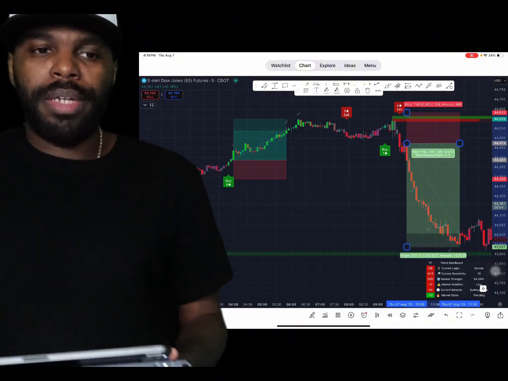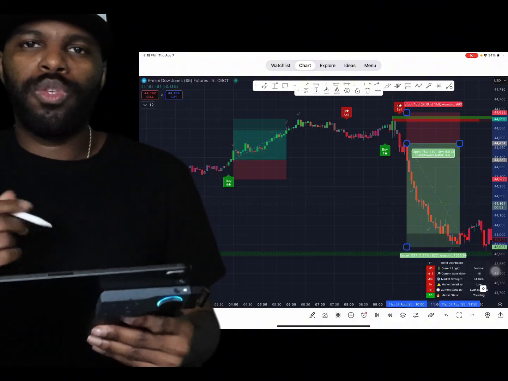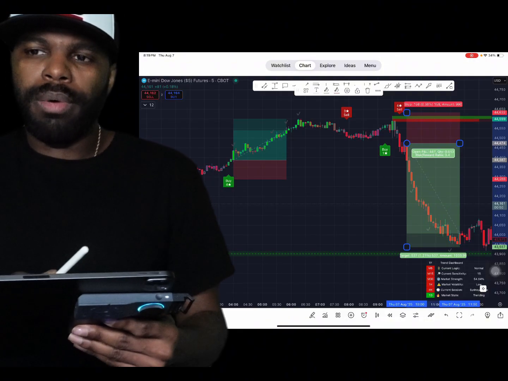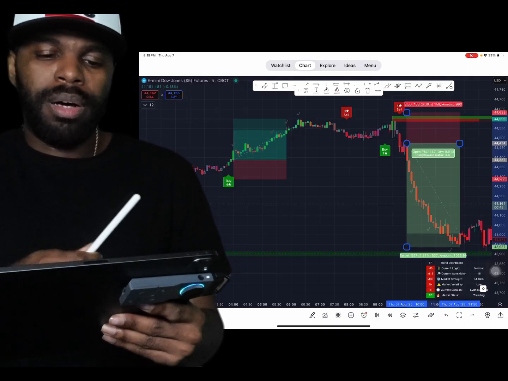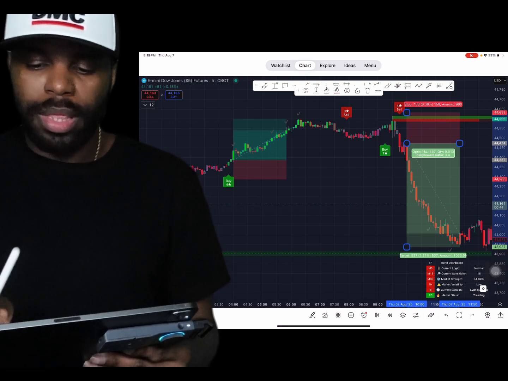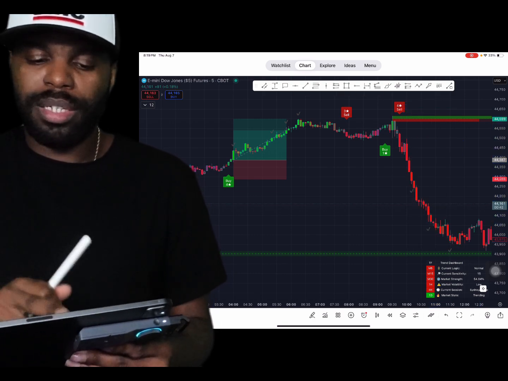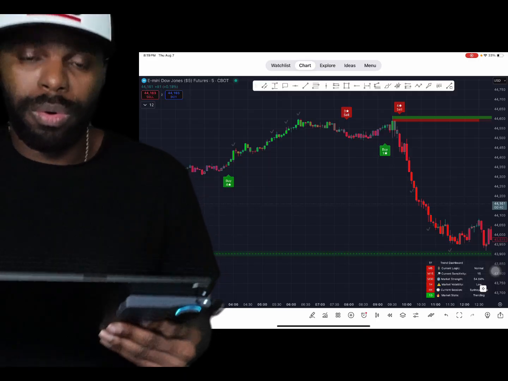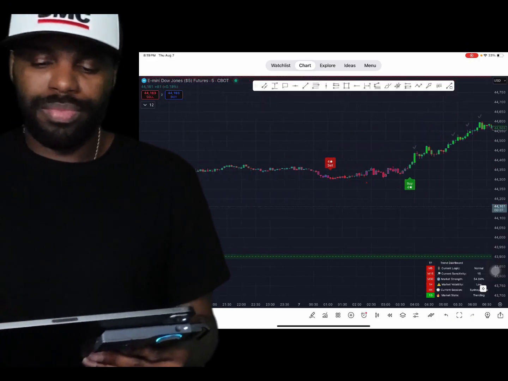That's cool and all, but I highly recommend that you use other confluences along with this Shark Algo indicator. If you want to, you can literally just take the Shark Algo signals and just use that.